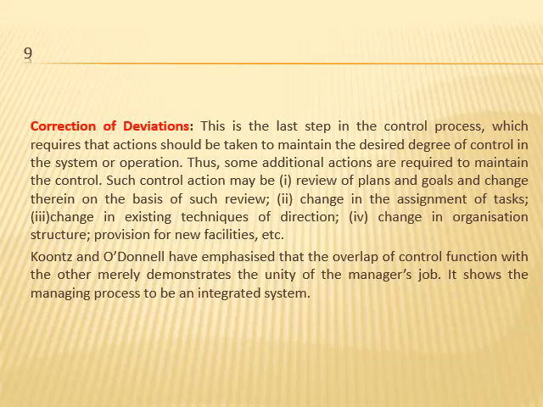This is the last step in the control process, known as the correction of deviations. This step requires that action should be taken to maintain the desired degree of control in the system of operation.